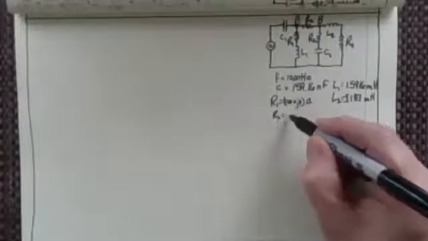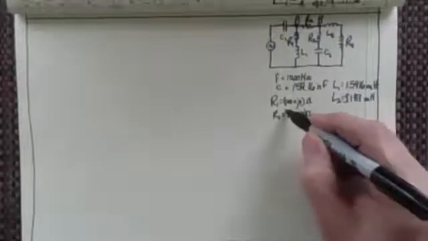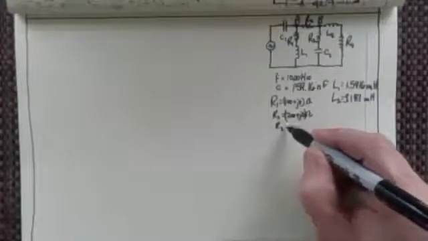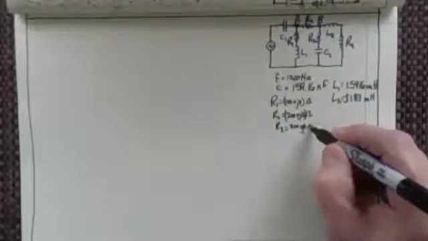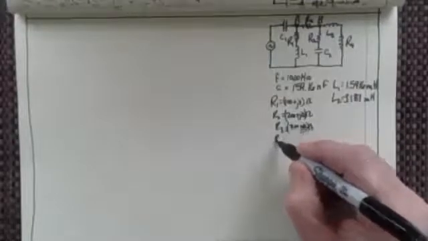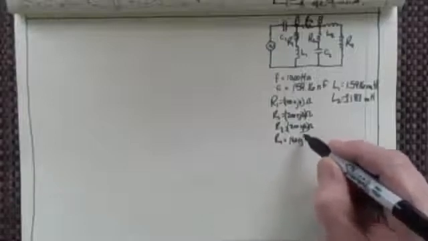R2 was 200 plus J0 ohms. R3 was 200 plus J0 ohms, and R4 was 100 plus J0 ohms.